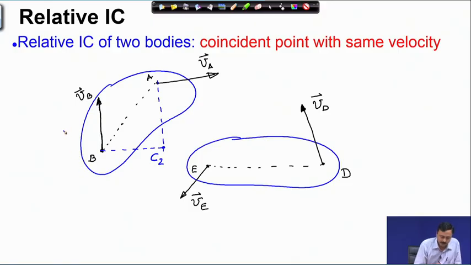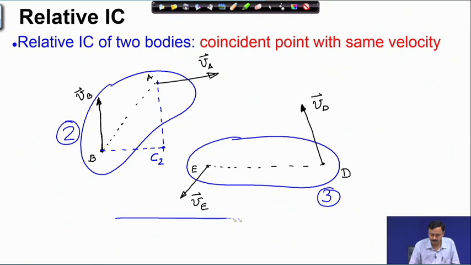Let me call this body 2, this body 1, this body 3. The reason is I would like to reserve 1 for the ground.